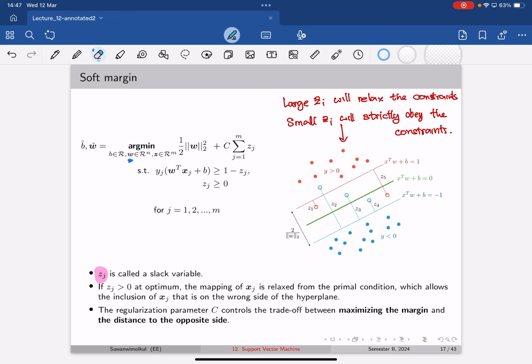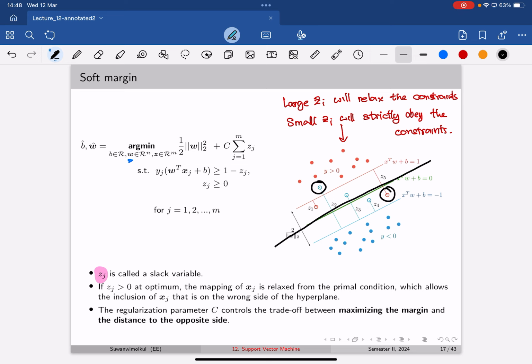For example, if ξj is larger than 1, it will allow us to use the point that is crossing to the red side. The blue point that crossed to the red side, or the red point that crossed to the blue side, can be something that we consider. And then our hyperplane can still lie in between most of them.